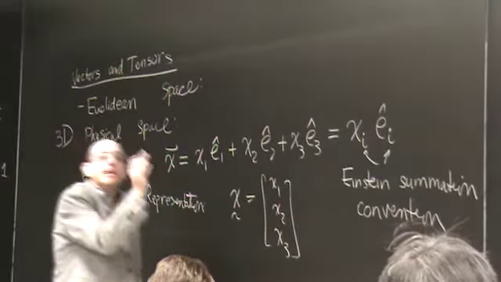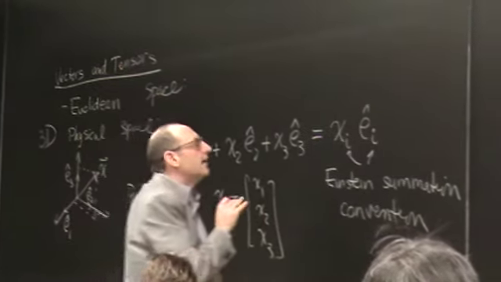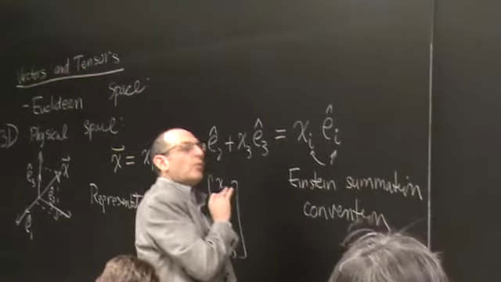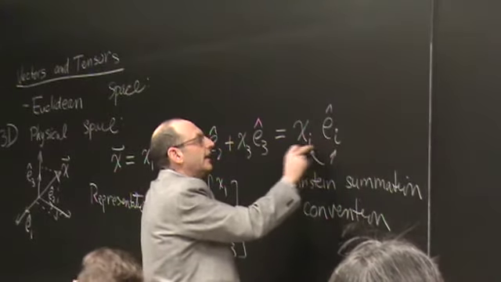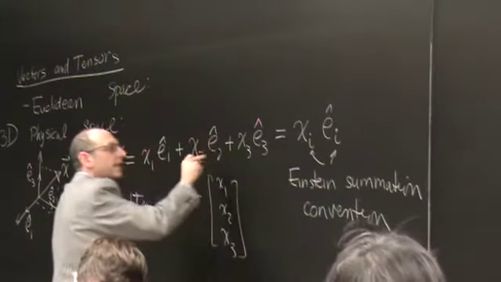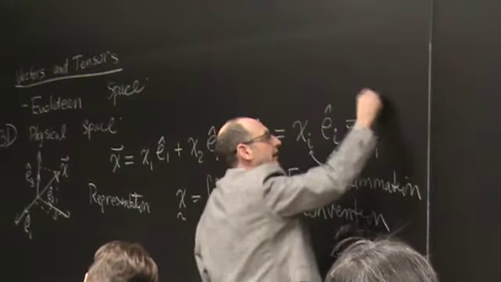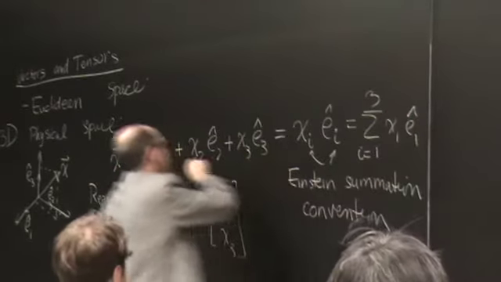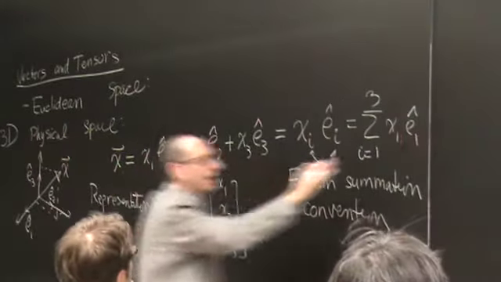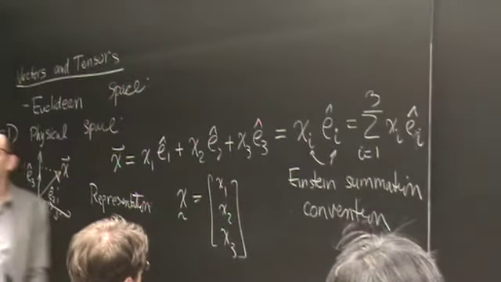But the convention here, which is just fine, is that we define the summation. This would be equal to the sum from i equals 1 to 3 of x1, x2. I'm sorry, it should be i. Okay, that's what that means.